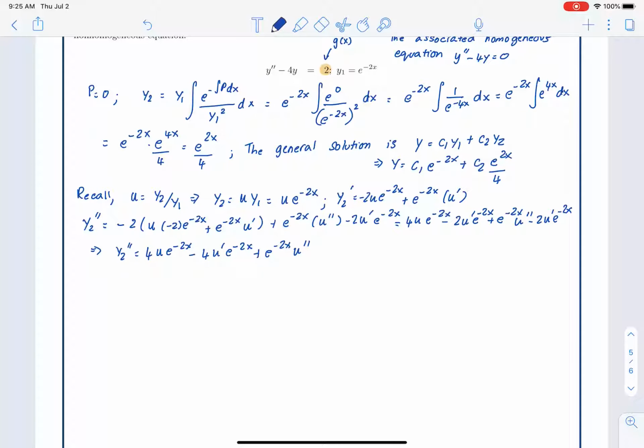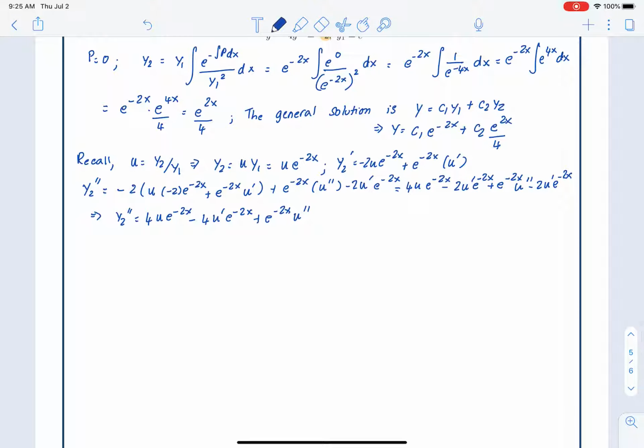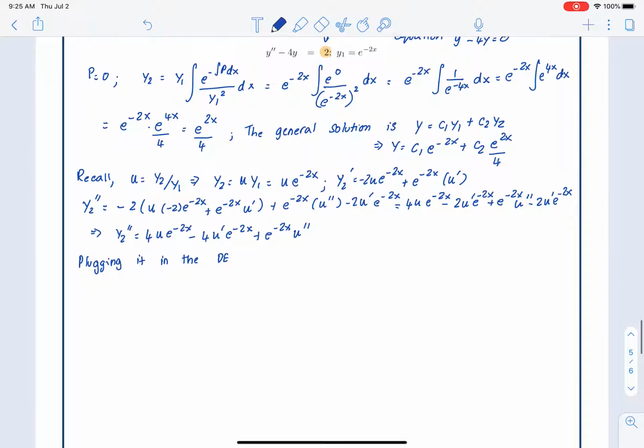So we're going to take this and plug it in our differential equation. We would end up getting 4u e raised negative 2x minus 4u prime e raised negative 2x plus e raised negative 2x u double prime minus 4 times y2.